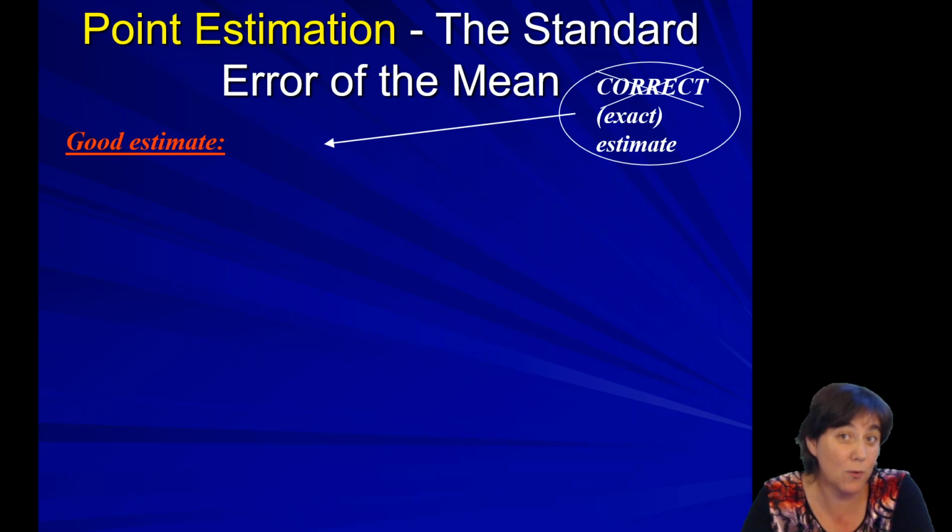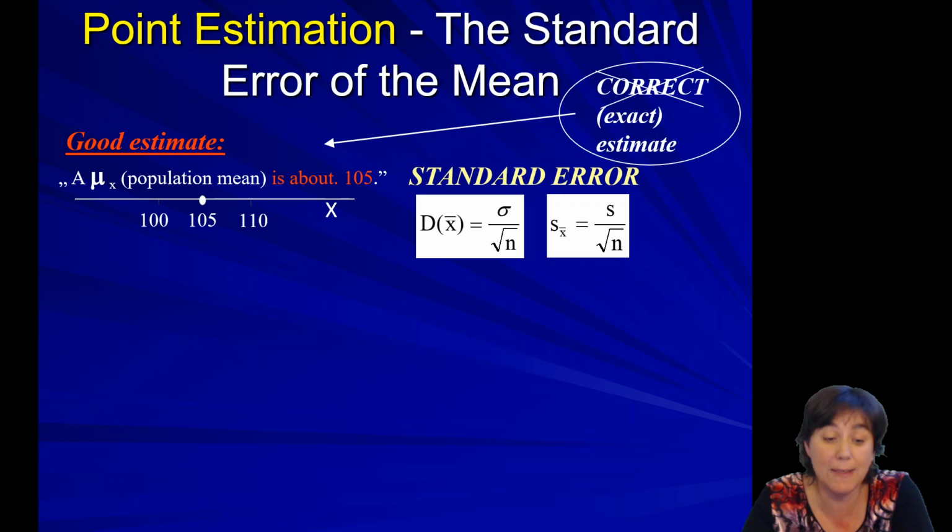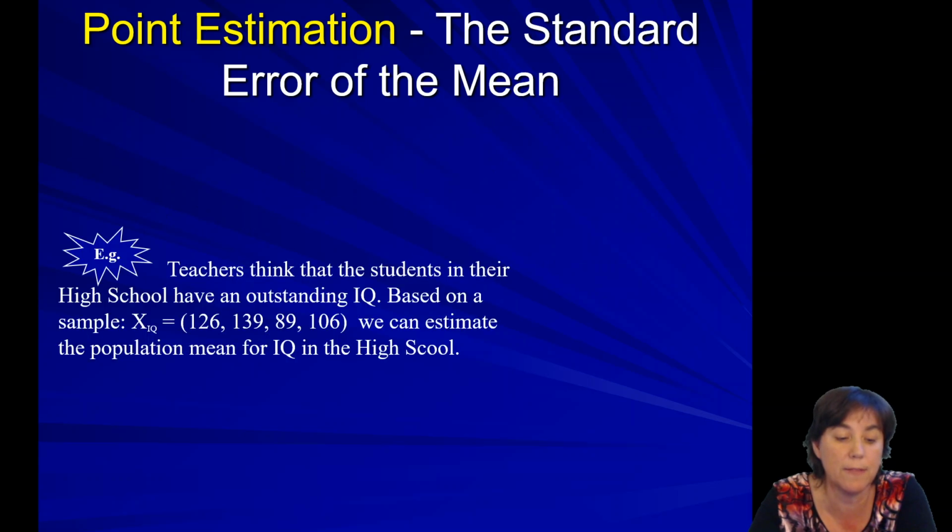We can make a good estimate and calculate its error, the standard error. So just reminding you, that point is our exact number, the estimated mean, and then we assign an error value to it. It's not for sure, the error can be larger or smaller.